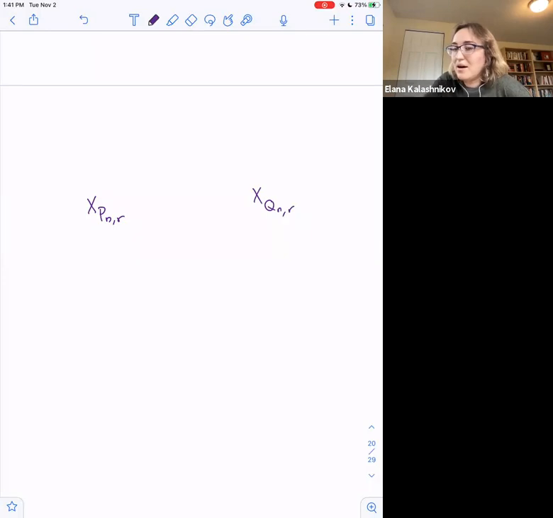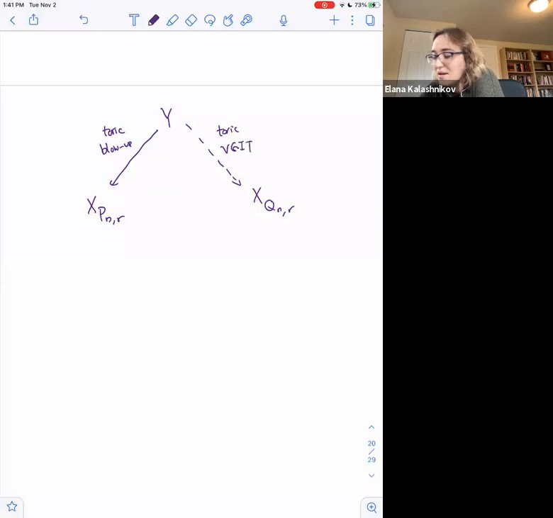And then this corollary says that there's a toric variety Y, which is in fact weak Fano, such that it's a blow up of X_{P_{n,r}}, and it's a toric variation of GIT of X_{Q_{n,r}}. And this here is a K equivalence.